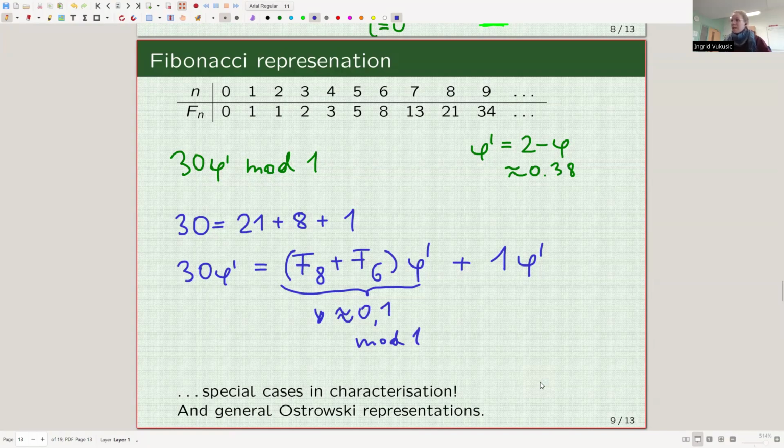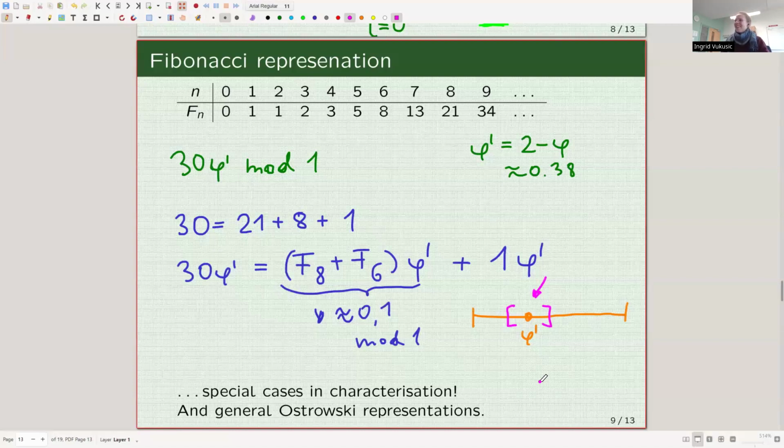And so just by looking at 30 in Fibonacci representation, I can say this is roughly going to be where phi prime is. I could work out the details just from knowing how large the large digits are, but it's going to be in some interval around phi prime. And yeah, I hope you can see why this Fibonacci representation is so nice.